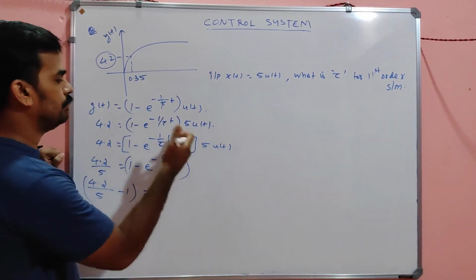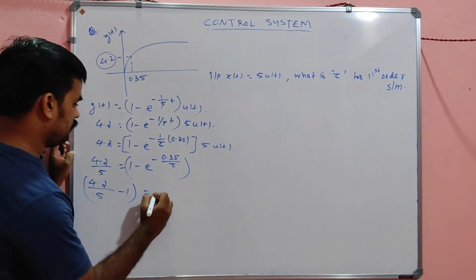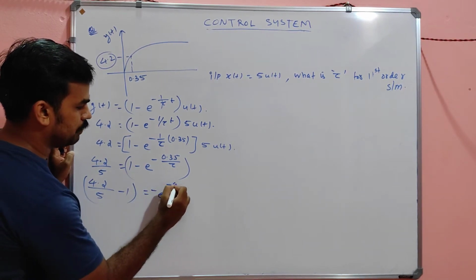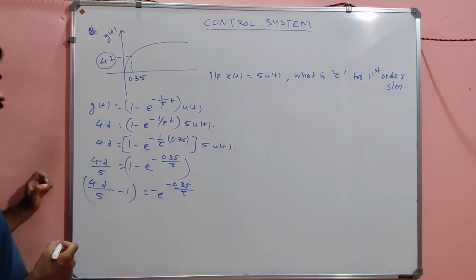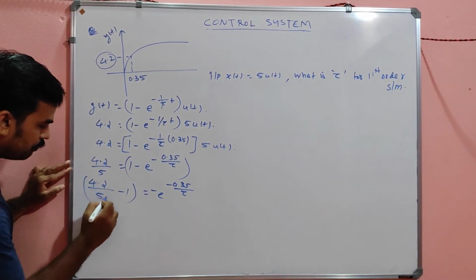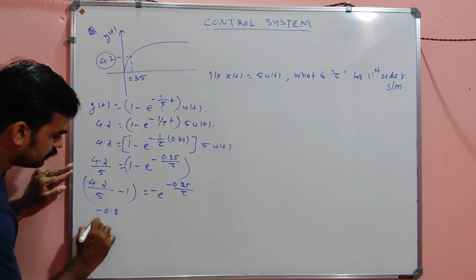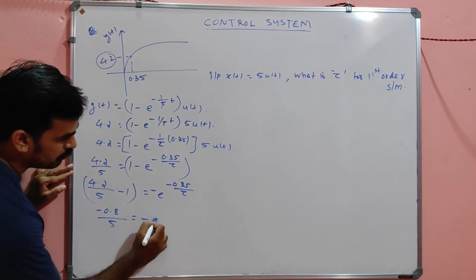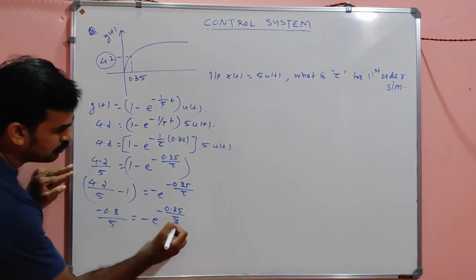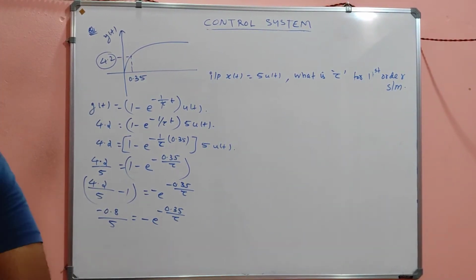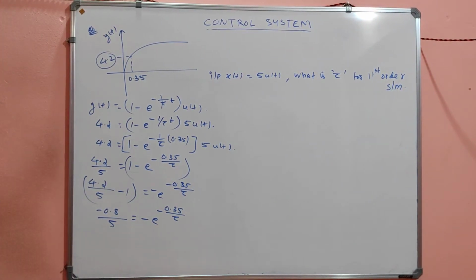minus e raised to minus 0.35 by tau, because you already subtracted, right? So it will become 4.2 minus 5 is minus 0.8 now. Correct? Okay, 0.8 by 5.